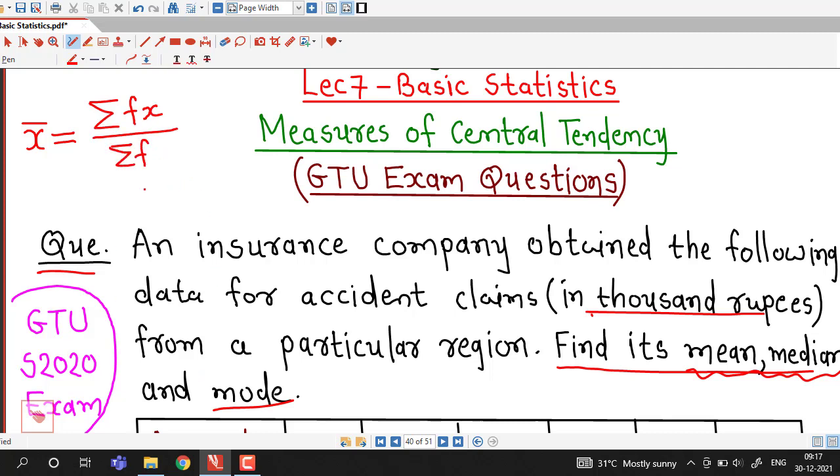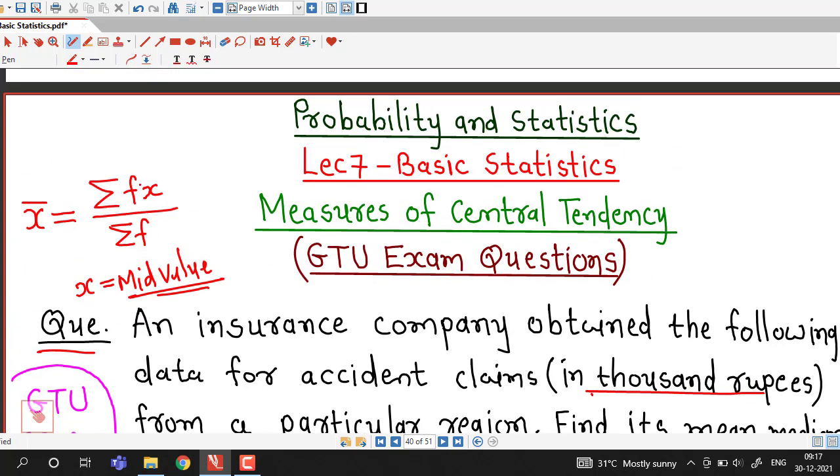In case of classes, this x is the mid value of each class. So we will require one column for mid values of each class. Then another column will be the product of frequency and mid value. So for mean we require mid values and the product of mid values with frequencies.